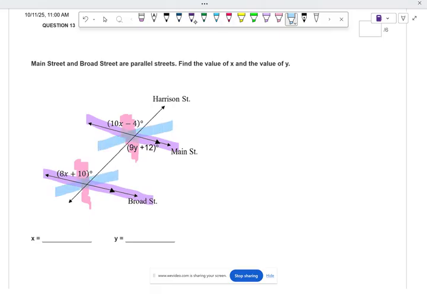Now you've got to ask yourself, do you have more X's or more Y's in this problem? I have more X expressions, so I want to start by focusing on the X algebra. Okay, 10x minus 4 is on pink. 8x plus 10 is on pink.